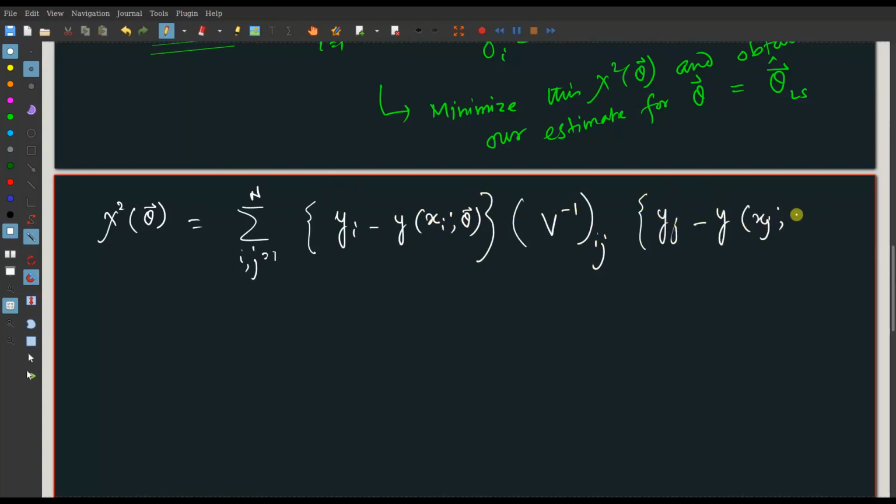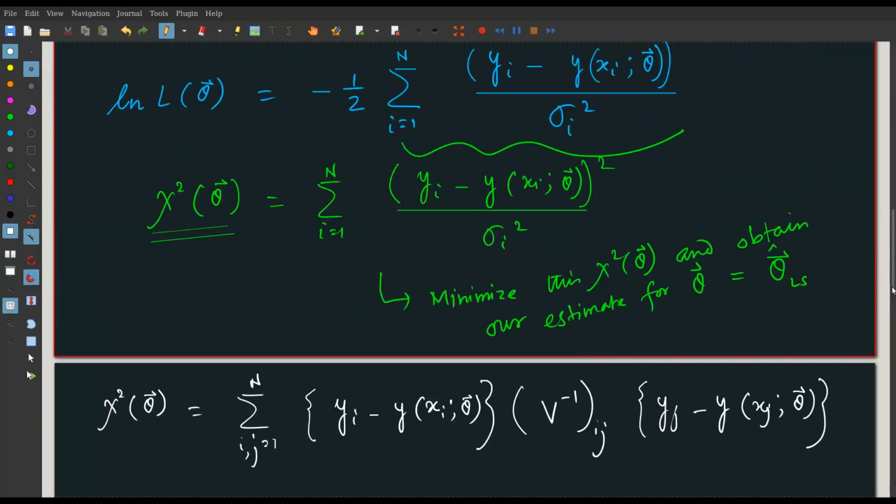You can easily check that this definition reduces to the previous one in the limit when this inverse is a diagonal matrix, that is, when there is no correlation between the observed quantities yi and yj. Then it reduces to this form.